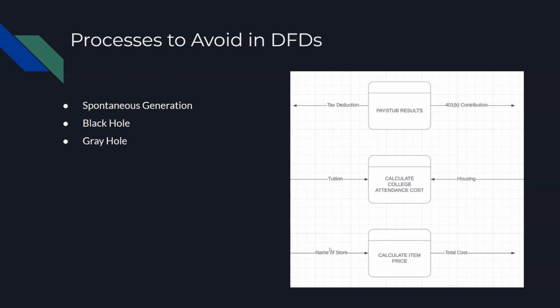But the input is insufficient to generate the output shown. So this input right here is not relevant data for the processing of calculating item price and therefore having a total cost.